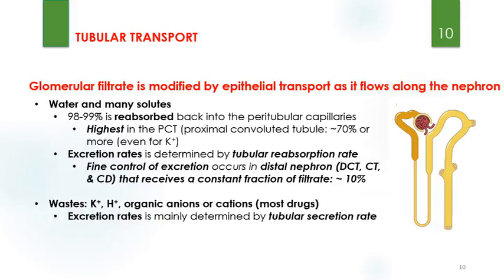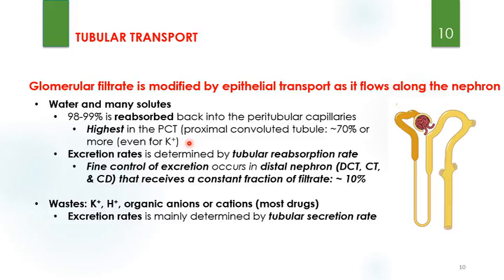After filtration of plasma, glomerular filtrate is modified by epithelial transport as it flows along the nephron's tubules. For water and many solutes, including nutrients and electrolytes, 98 to 99% or more is reabsorbed back into the peritubular capillaries. This reabsorption for water and many solutes is highest in the proximal convoluted tubule, about 70% or more, even for potassium.